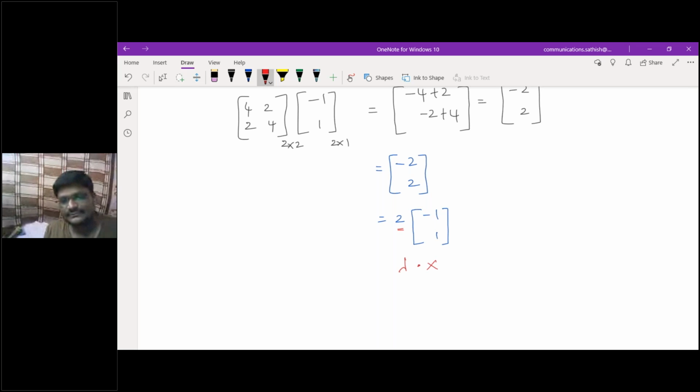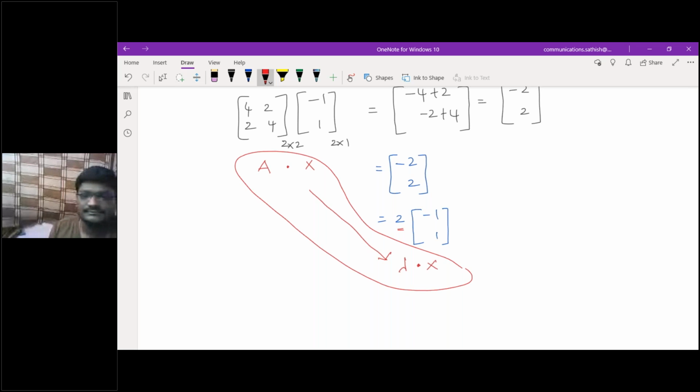This is your A, this is your x. Left hand side is equal to right hand side. The definition is satisfying. Yes, it satisfies.